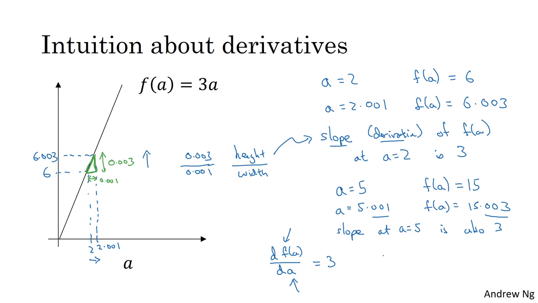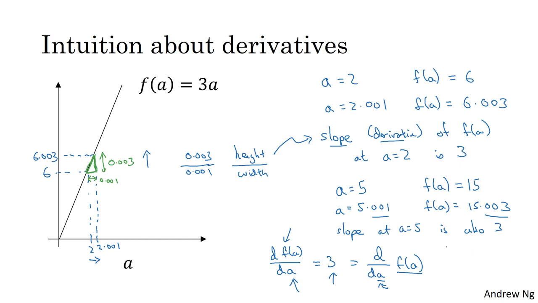You can also write this as d over d a of f of a. So whether you put the f of a on top or write it down here, it doesn't matter. But all this equation means is that if I nudge a to the right a little bit, I expect f of a to go up by 3 times as much as I nudged the value of little a.